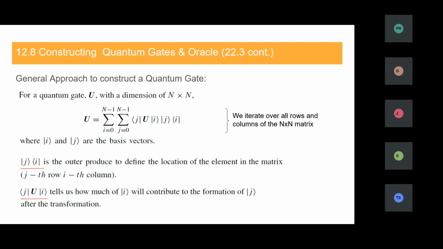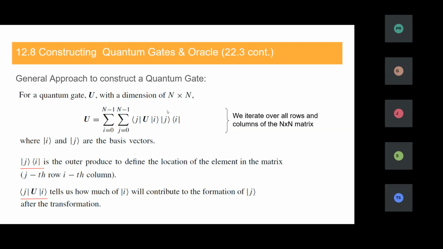I can typically say something like this. I will define this sort of an operator. The operator is, let's say, bra J, U, ket I. What is this? I'm now creating the so-called quantum gate U. What is that quantum gate U? That so-called black box.